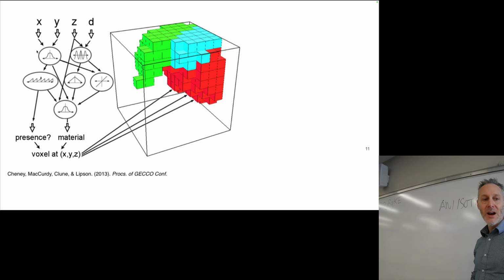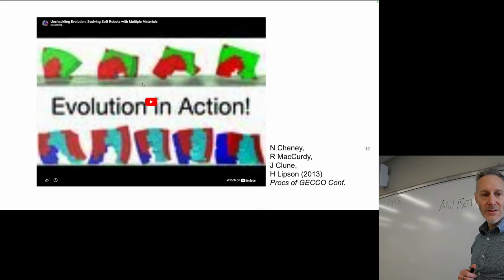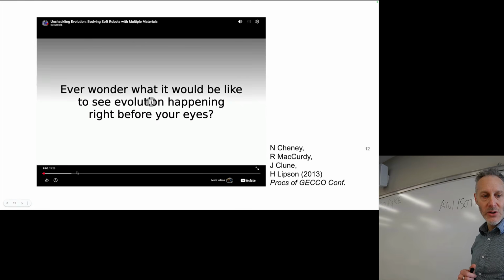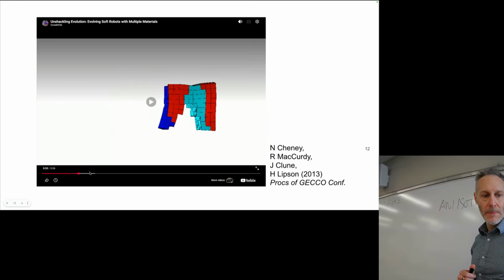In this case, our CPPN, here's an example over here, is painting different K values onto those beams, which you can't see, but they're represented in the visualization as differently colored voxels. I'll start up the video and we'll watch the evolutionary process again here.